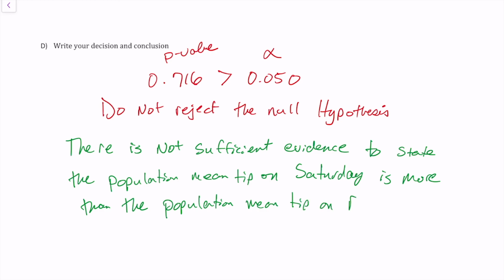So what that means is that we got this value here, and it's just not enough evidence to say that people tip more on Saturday when compared to Friday.